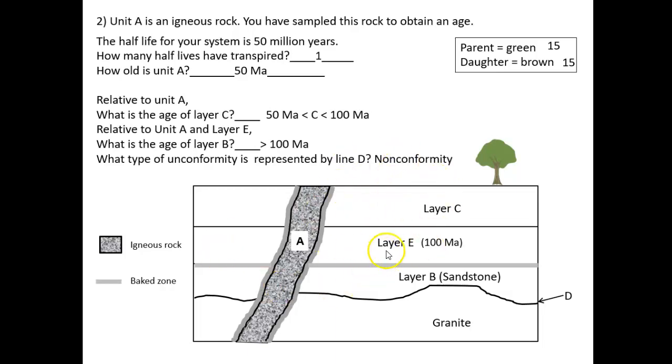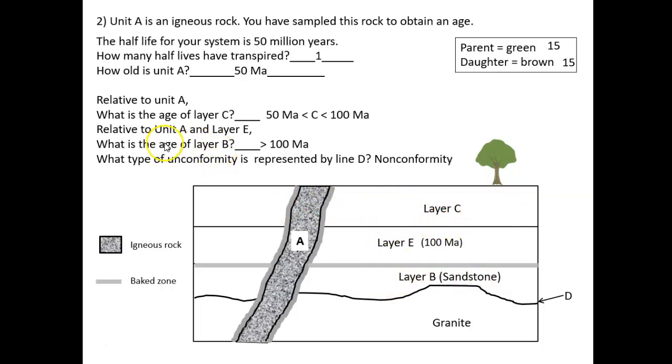So what about E? Well, E brackets it because E is older than C, and C is 100 million. So although I don't get an exact age for C, I can get a better idea of its age by bracketing it. It's between 50 and 100 because I have these two numbers and I can use that to tell me the age.